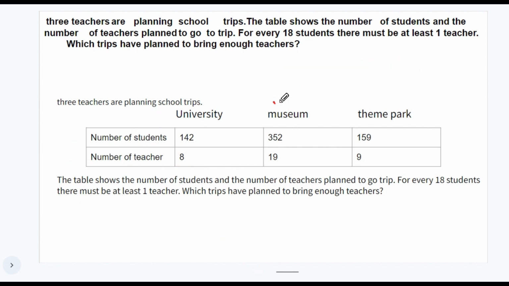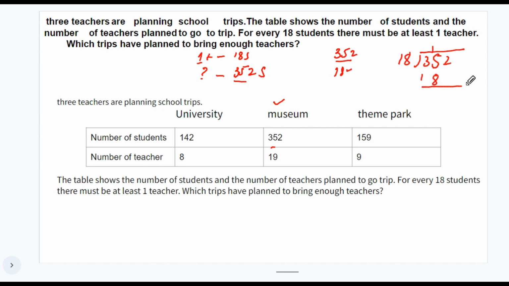Now let's solve for the museum. For one teacher again we have 18 students, and for 352 students, how many teachers do you need? We need to do the same thing, that is 352 divided by 18. You can directly use your bus stop method. 18 times 1 is 18.